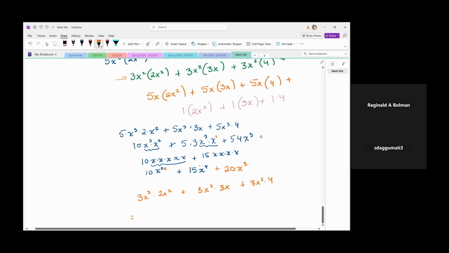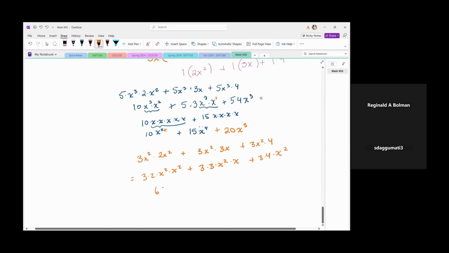And of course, that is going to be 3 times 2 times x squared times x squared plus 3 times 3 times x squared times x plus 3 times 4 times x squared. 3 times 2 is 6. x squared is the same thing as x times x, so you've got x times x times x times x. 3 times 3 would be 9, and then just an x times x left over, and 3 times 4 is 12, x times x.